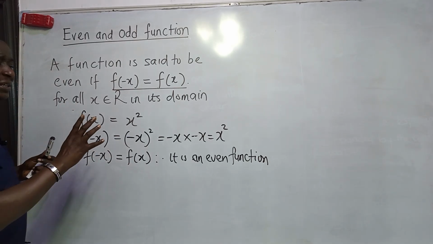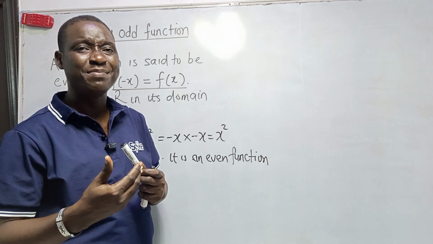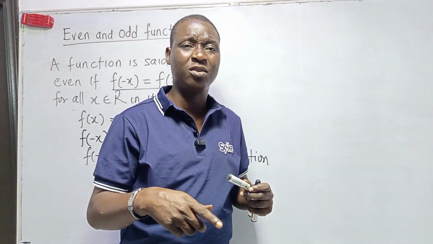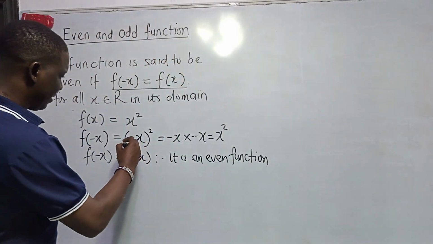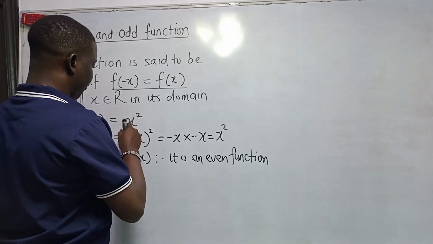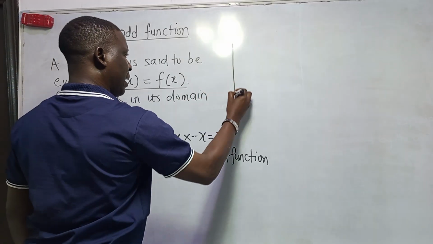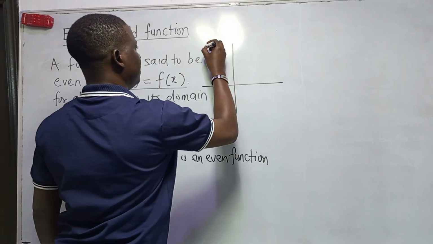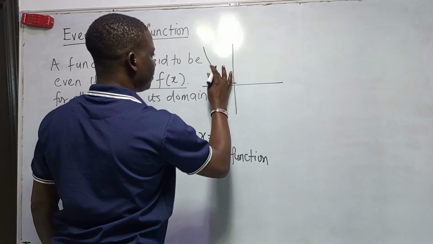If we check particularly, even functions are symmetric around the y-axis. If you plot the graph of x squared, this is what we are going to have, something like this, a rough sketch.